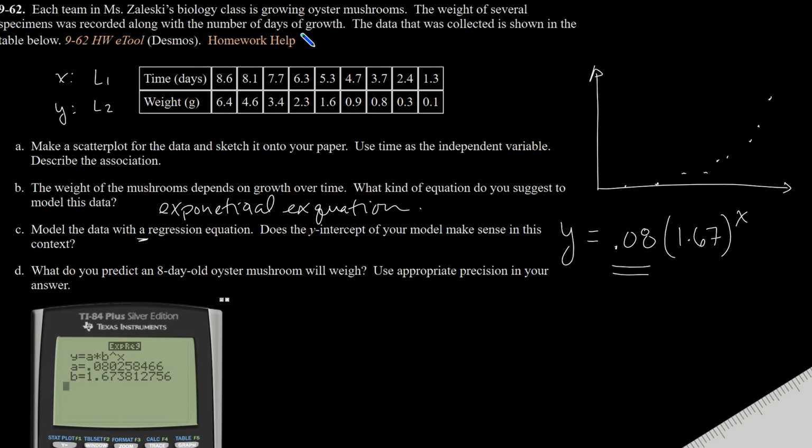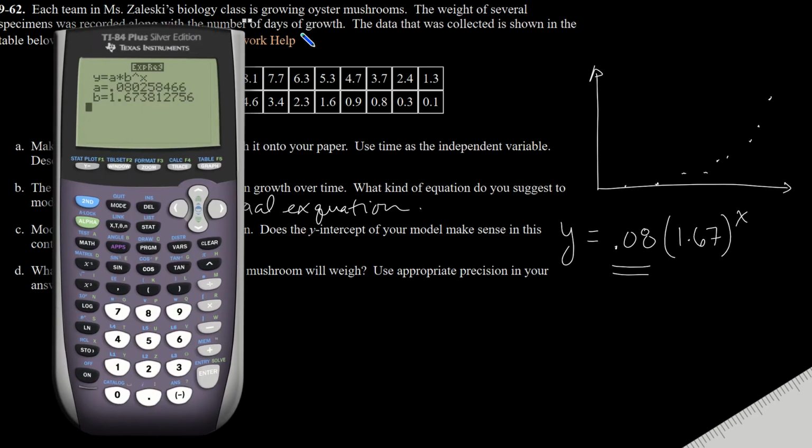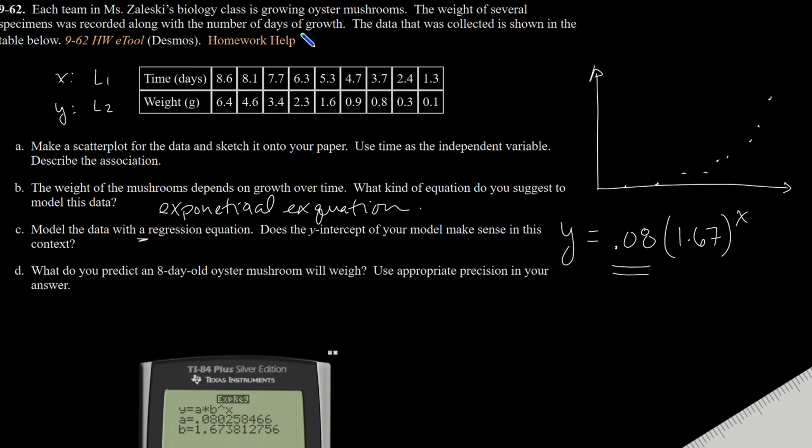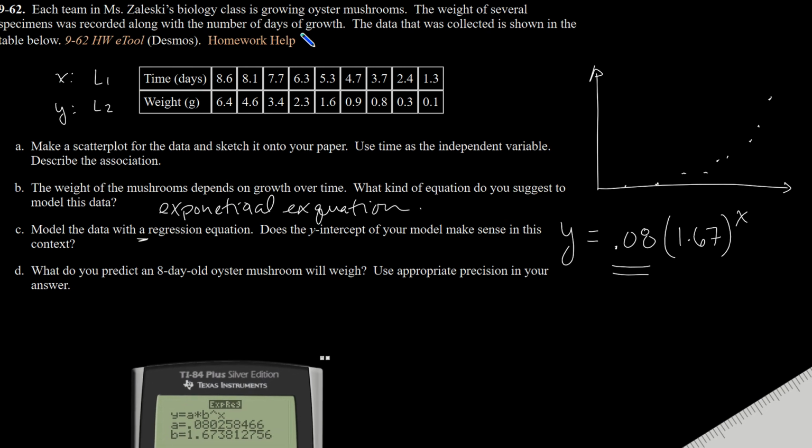And then it says, what do you predict an 8-day-old oyster mushroom will weigh? Use appropriate precision in your answers. So I'm going to say, first of all, based on the data set I was given up above, I should probably be rounding everything to the nearest tenth. I'm also going to just put this 8 into this equation, right?